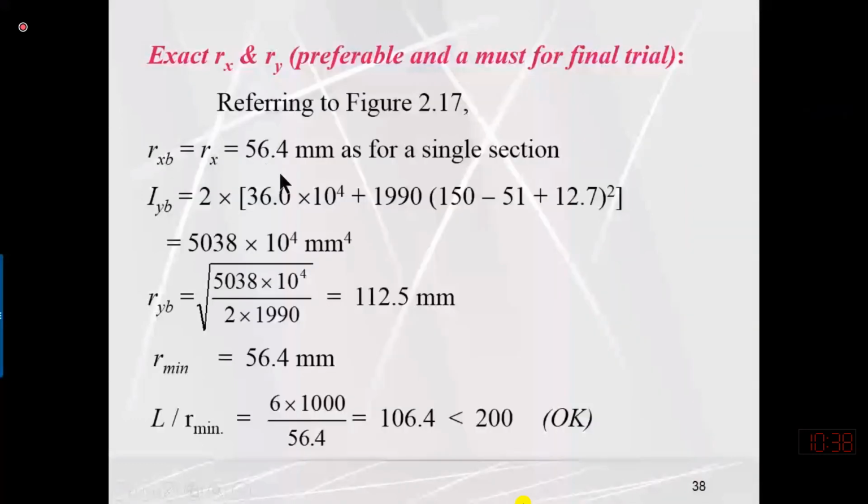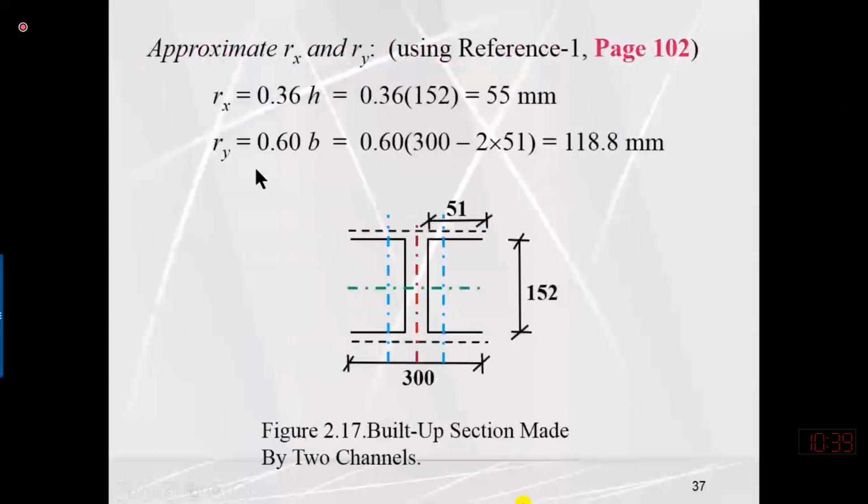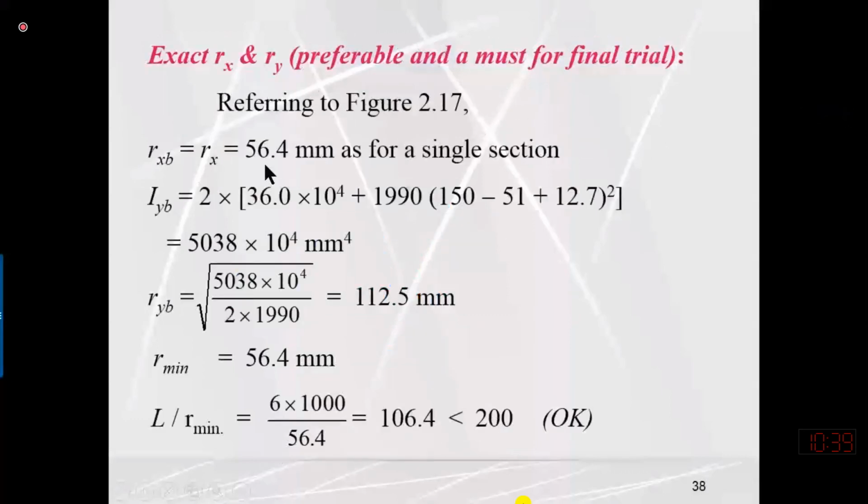So the Rx actual value for the built-up section is equal to Rx of a single channel. Exact value is 56.4 and approximate value is 55. So then directly use 56.4.